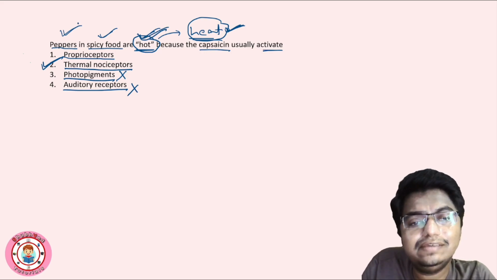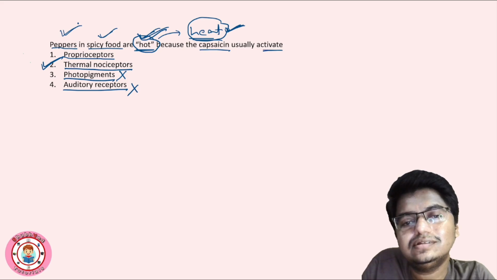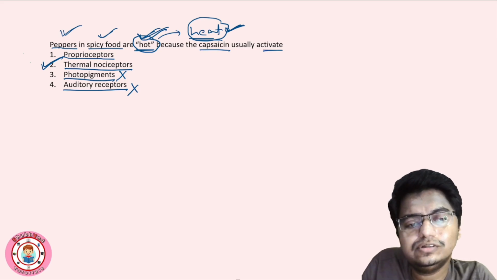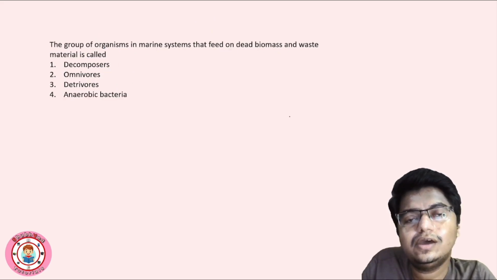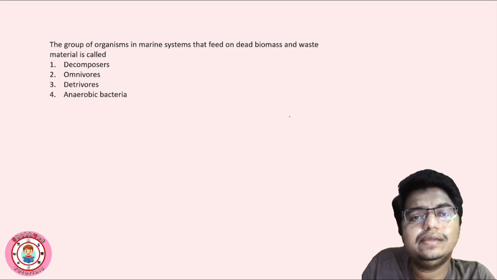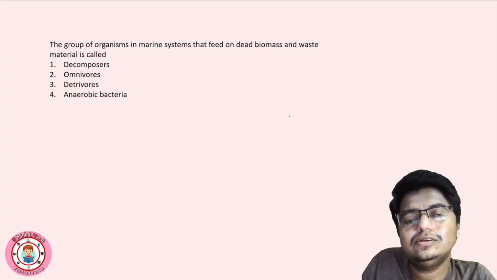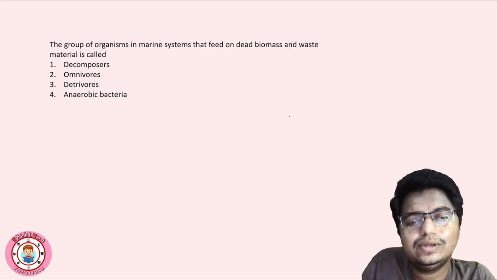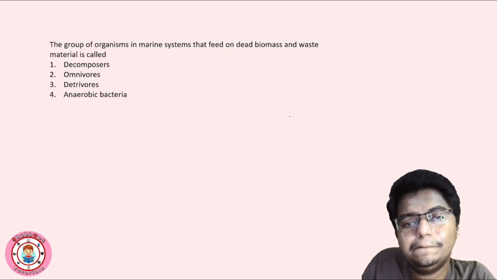So these activate thermal nociceptors. Right? Like this we can solve the questions. I always say, when you are studying biology, life sciences, the terms are very important. So from those terms also you can get the answer. You have to be aware. Okay, and this will improve your problem solving skills. Right?